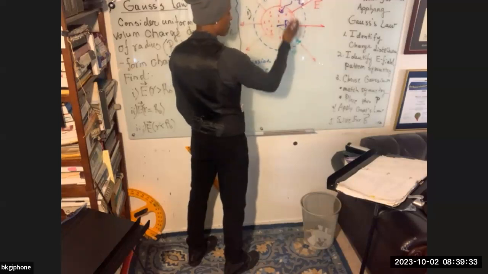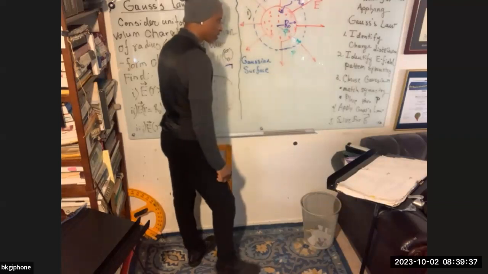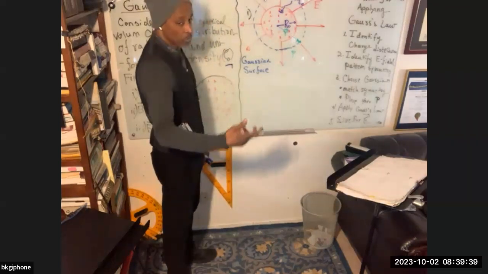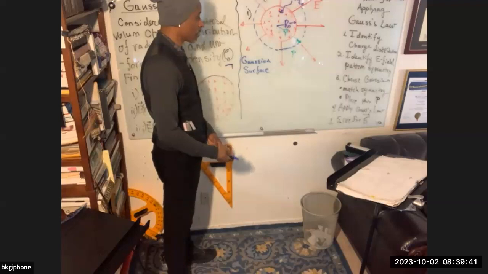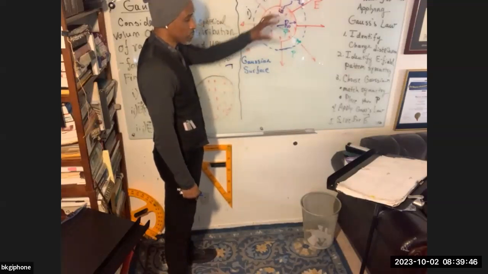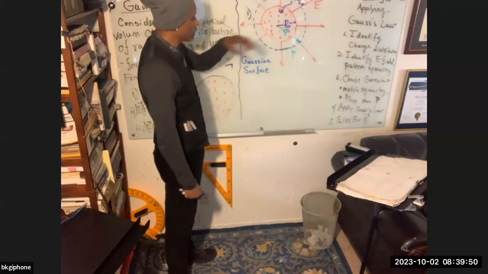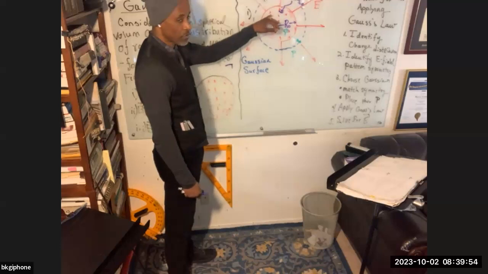So every point on the surface is that distance R away from the center. By intuition, we've already seen that for a point charge or a circular charge distribution, if the charge is uniformly distributed, then the field will be constant over the surface.